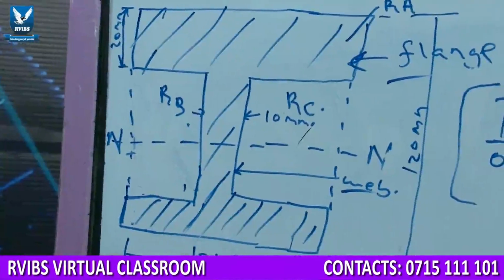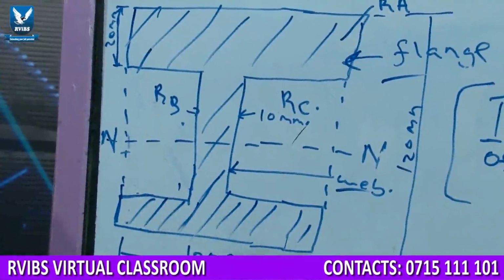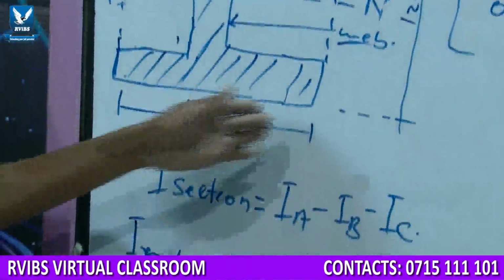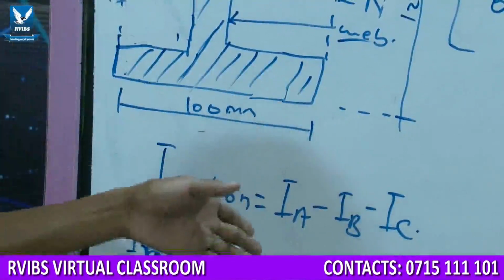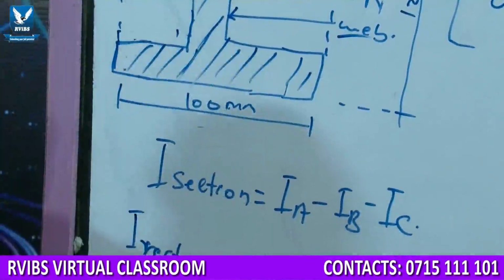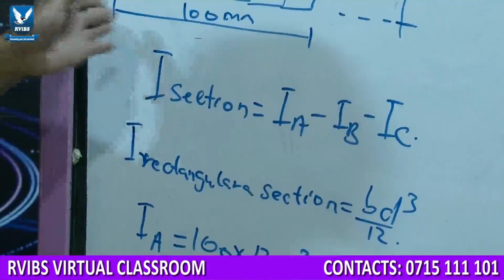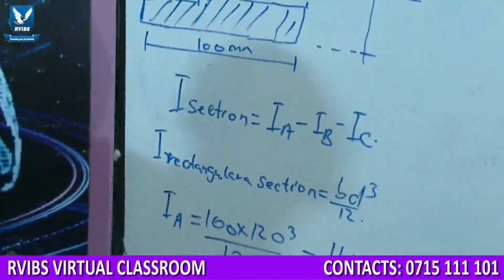The moment of inertia of a rectangular section is given by the formula BD cubed over 12, where B is the base of the rectangular section and D is the thickness of the section. For example, considering rectangle A, the base is 100, whereas the thickness is 120.